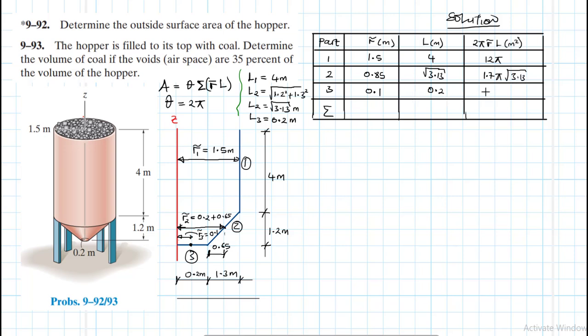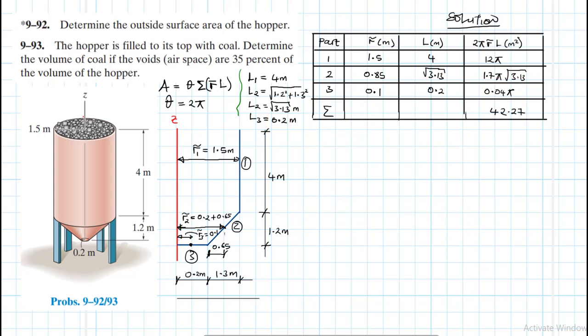Great. And then this other one is 0.04 pi. When you do a summation of all these, we have 12 plus 1.7 root of 3.13 plus 0.04 times pi. So we have 42.27.